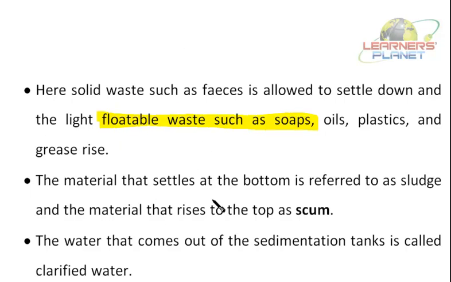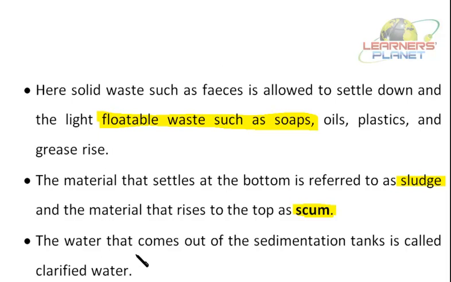The material that settles at the bottom is referred to as sludge, and the material that rises to the top is known as scum. So remember both of these words, sludge and scum.